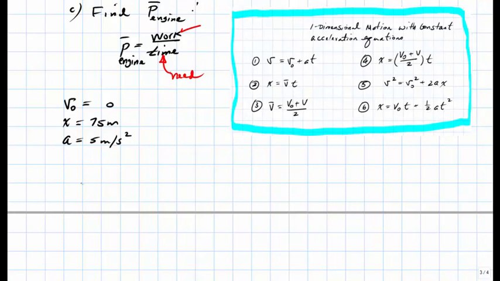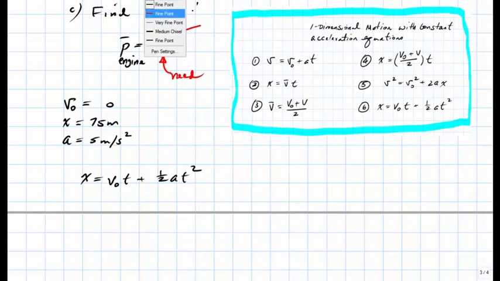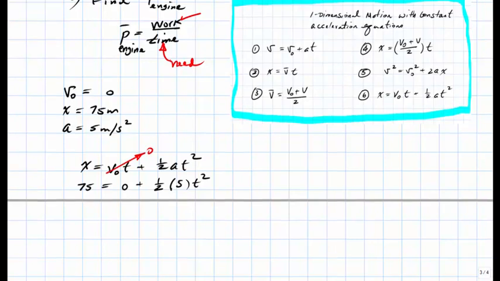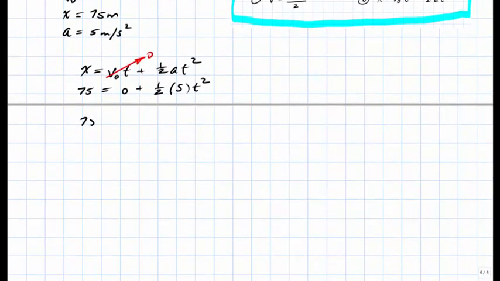And so this equation states that x equals v0t plus 1/2 at squared. Now the initial velocity is 0, so this term just goes to 0. And the value for x is 75, so we have 75 just equals 0 plus 1/2 the acceleration times the time squared. 75 would equal 2.5 t squared.